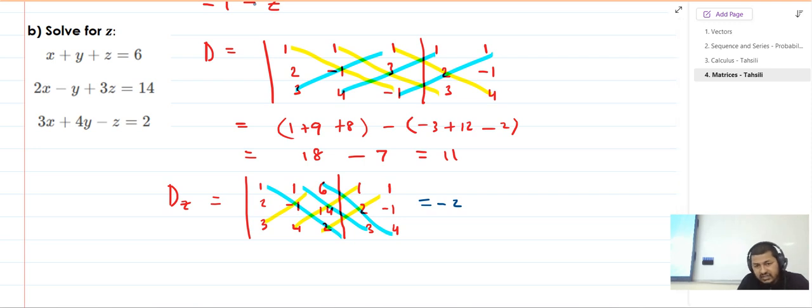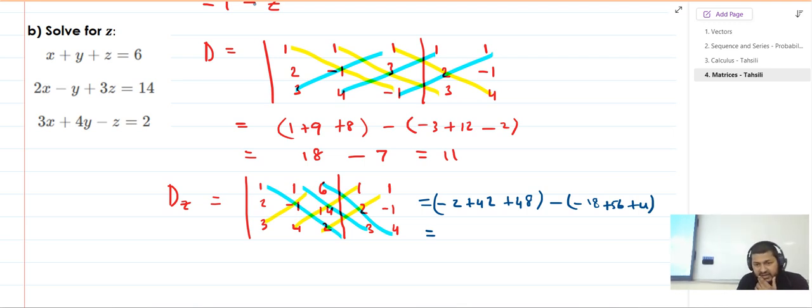14 times 3 is 42. And the last one, 6 times 2 times 4, that's 8 times 4, that's 48. 6 times 2 is 12, times 4 is 48. Subtract, up diagonal, negative 18, 14, 28, 56, that's plus 56, plus 4. Right, let's see.